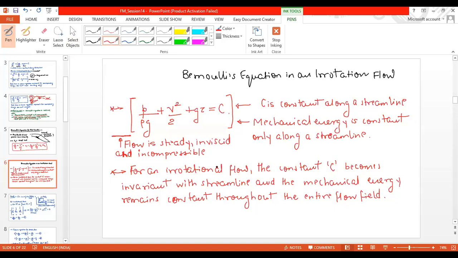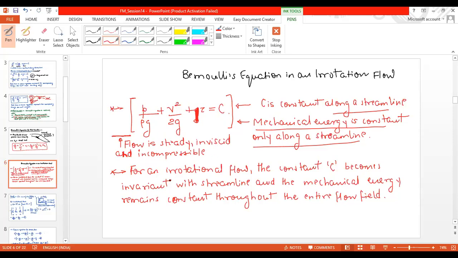First of all, we know that P by rho g plus V square by 2g plus Z is going to be constant along a streamline. So we say that the mechanical energy is constant only along a streamline, considering that the flow is steady, inviscid, and incompressible.